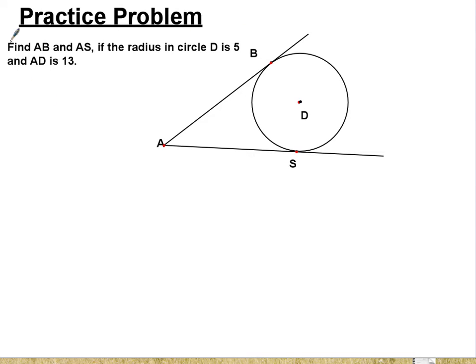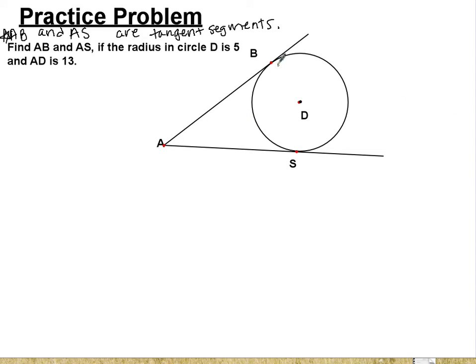I should have also been told that AB and AS are tangent segments. That's an important part, so I'm just going to put that in your instructions now. Okay, so they're tangent segments. The radius in circle D is 5.